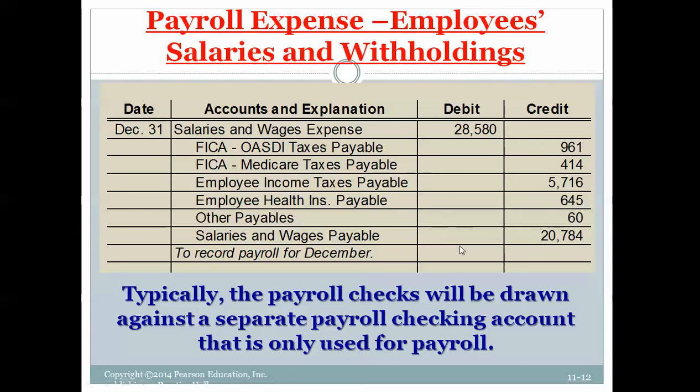We would like to have payroll have its own bank account. This is a good demonstration to the IRS that you are going to be making payments in good faith. It also removes the temptation to use these withheld funds for other uses if your business is having some temporary financial difficulties. This is the employee's salaries and withholdings, the payroll expense.